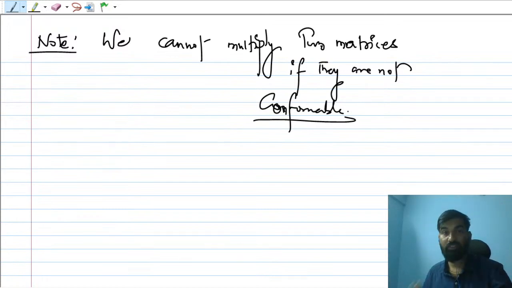There is a story. During my college days, we used to give matrices which are not conformable. Still many of my colleagues would start directly multiplying, until you confirm whether the two given matrices are conformable, you can't, okay? So remember this, okay? So this is a very important concept.